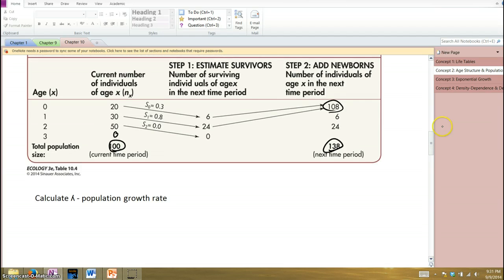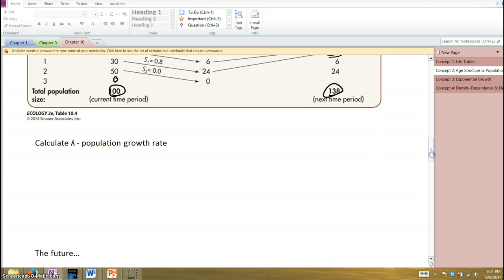All right, so what is the population growth rate of this population? Well, that's encompassed by this value we call lambda, the population growth rate. And lambda is essentially a function of the number of individuals at time t plus 1 over the number of individuals at time t, which in our case is 138 over 100, which gives us a lambda of 1.38.